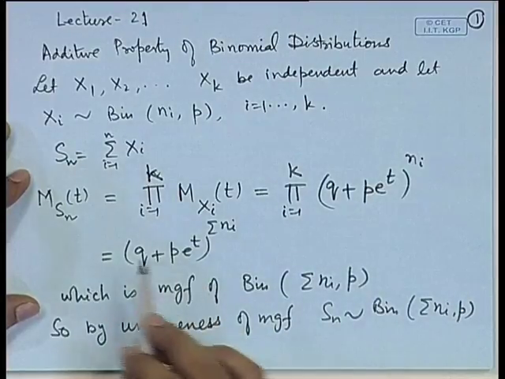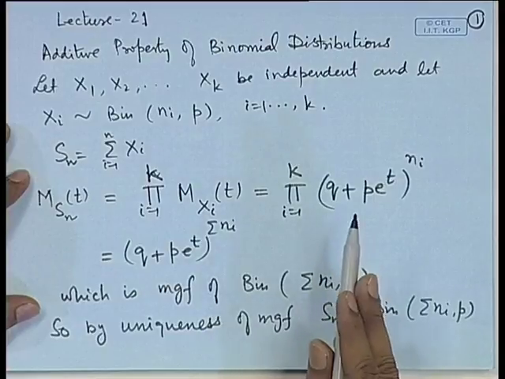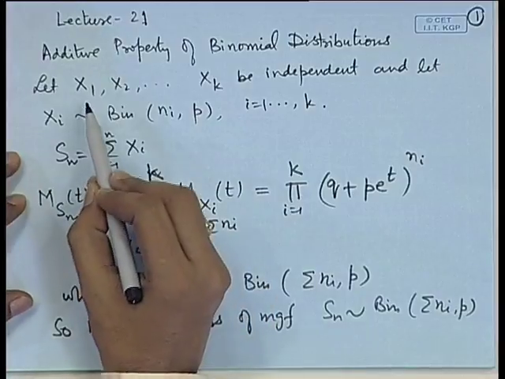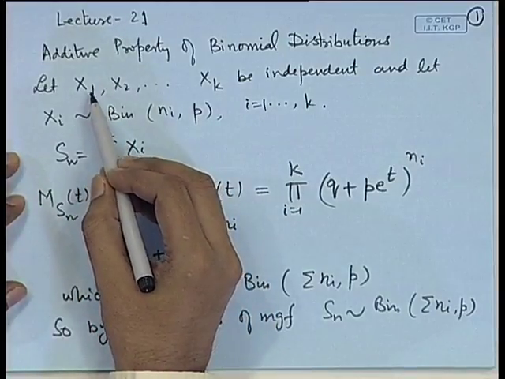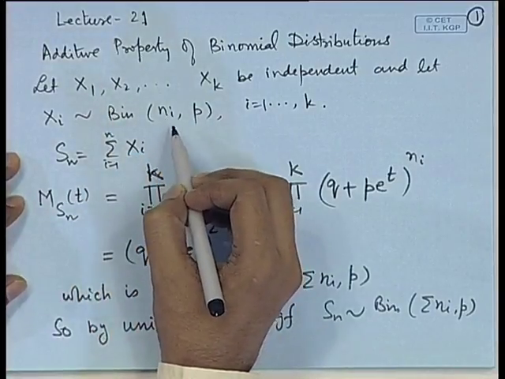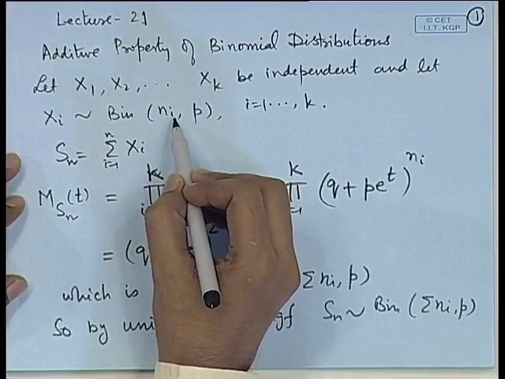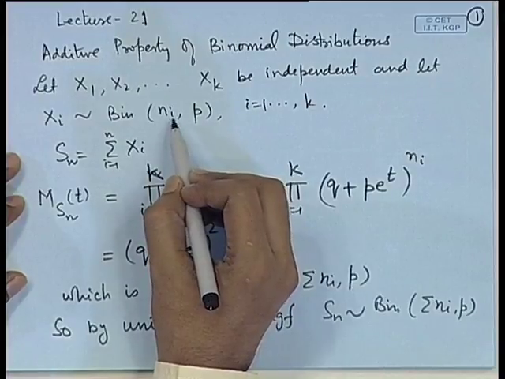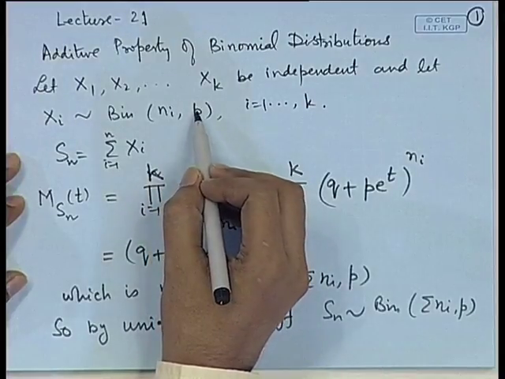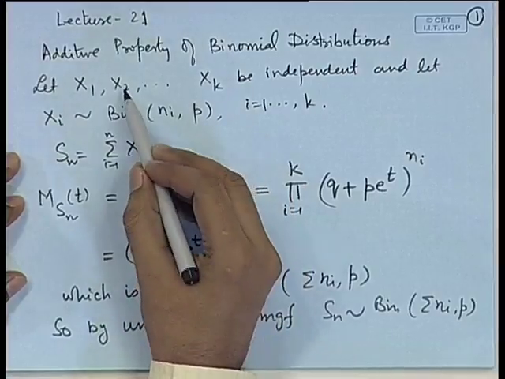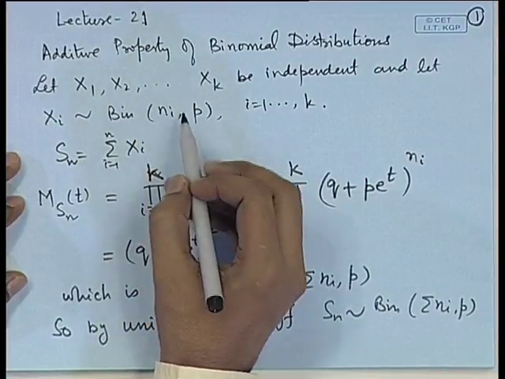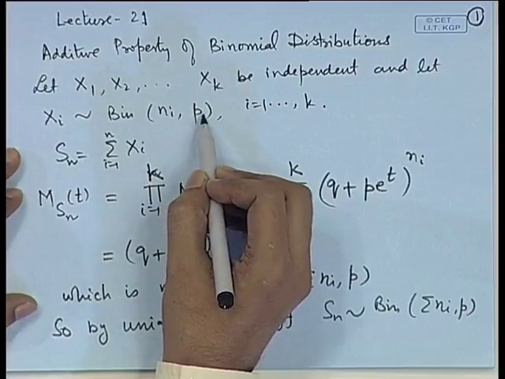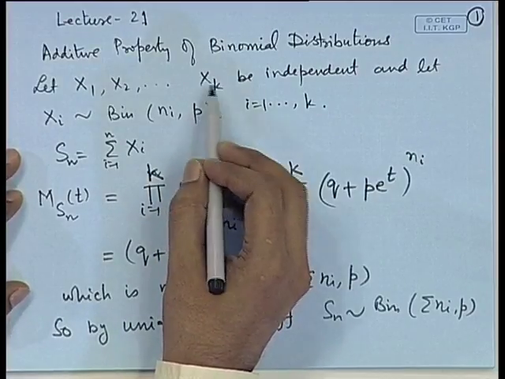This additive property of the binomial distribution can be expressed physically also. Here you can see that X1 denotes the number of successes in a sequence of n1 independent and identically conducted Bernoullian trials, where the probability of success is p. X2 denotes the number of successes in n2 independent and identically conducted Bernoullian trials with the probability of success p, and so on.